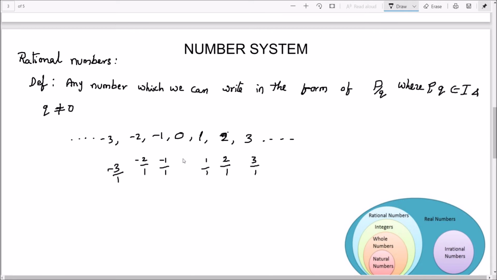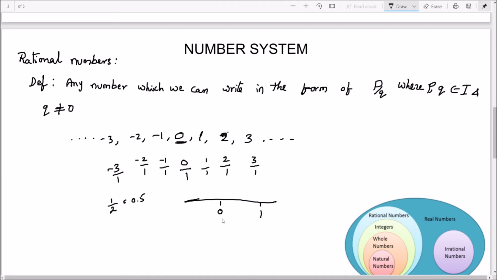So all the numbers I am able to write in the form of p by q. Even 0 we can write in the form of p by q. These integers satisfy that definition, so we can call all integers rational numbers.